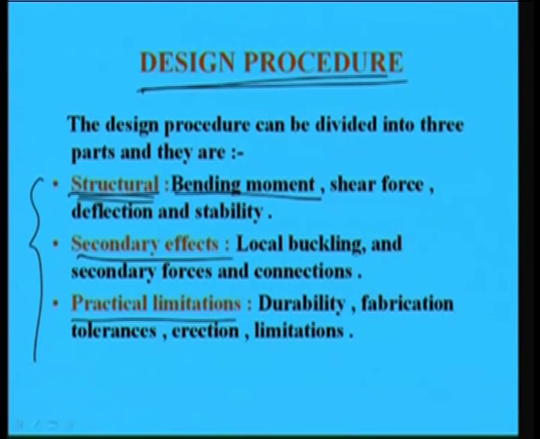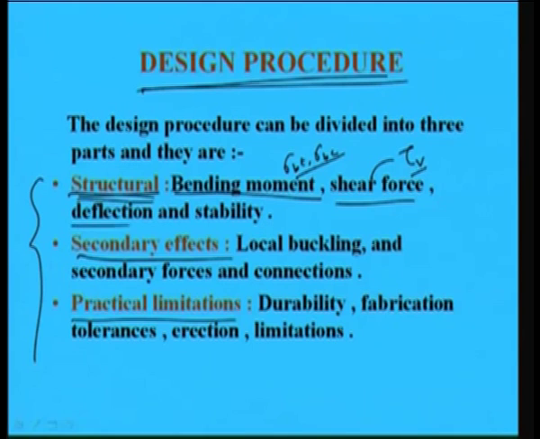As I was saying, the bending moment is required, and because of the bending moment, what are the stresses, say sigma Bt or sigma Bc, where sigma Bt is the bending stress in tension and sigma Bc is the bending stress in compression of the member. Then the shear force, and for that what shear stress is developing and what is the limiting stress, and then we will find out whether it is okay or not.